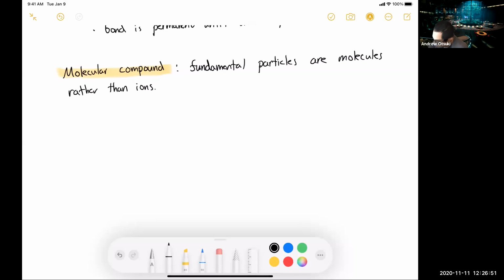Okay, so what are molecules? I think we went over this before, but let's go over it again. Molecules, let's highlight this.